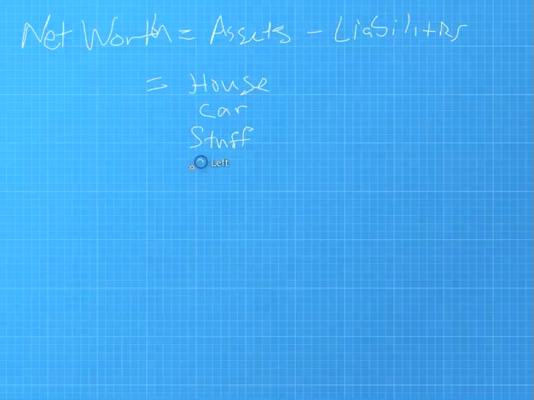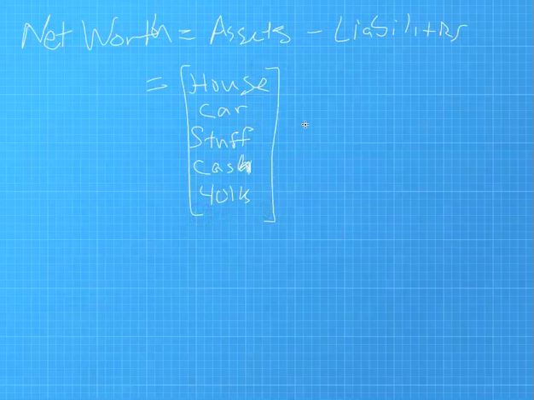Maybe you have cash, and by that you have a savings account, a checking account, any short-term things. Maybe you own some stocks, or maybe with your job you have a 401k, or any other investments. So this would all fall under things that you own.